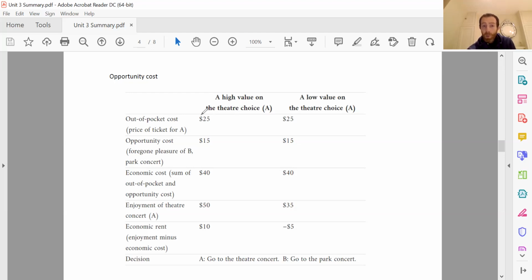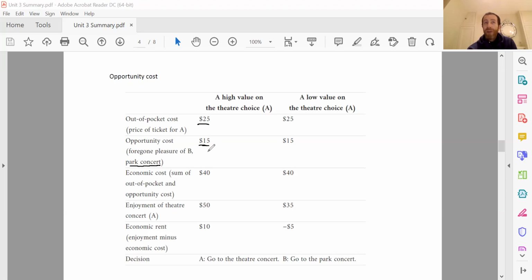So we know that the person is going to have to pay $25 for the ticket. But if they go to the theater, they then don't go to the park concert. And so we need to think about what would be the monetary value of the pleasure that the person would get from going to that park concert. For this person, who puts a high value on a theater choice, that opportunity cost would be $15.